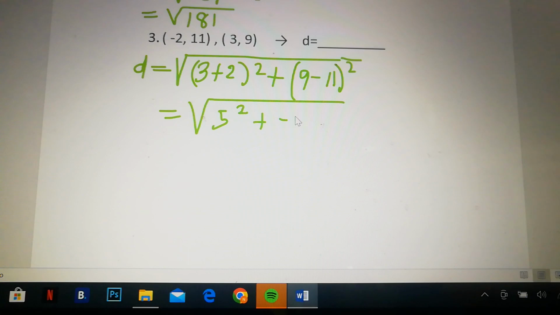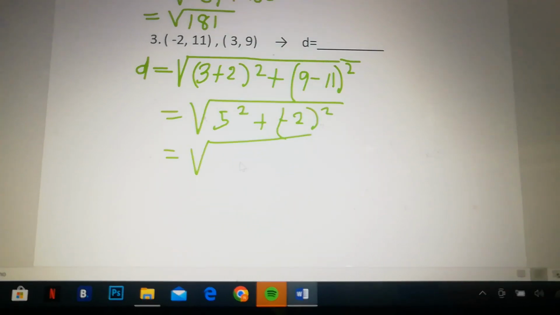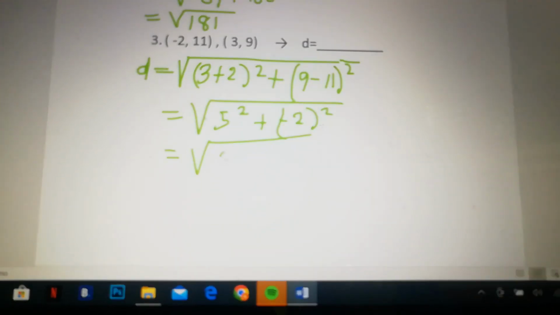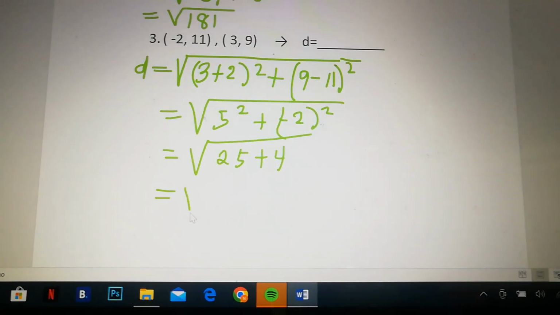Square root of 5 squared plus negative 2 squared, that is equal to square root of 25 plus 4, equal to square root of 29. Okay, so the answer is square root of 29.